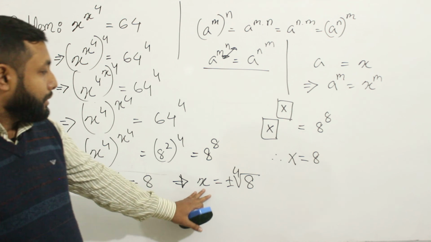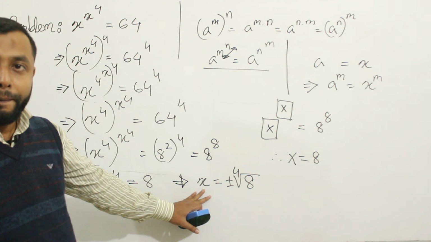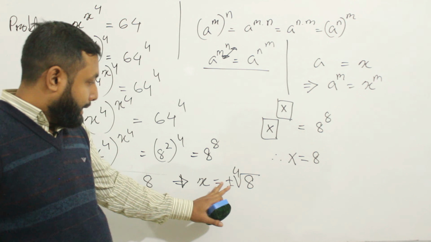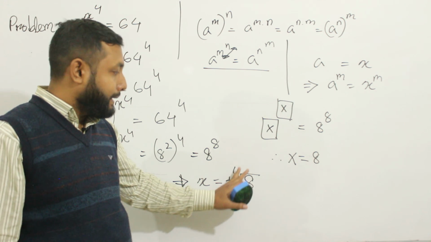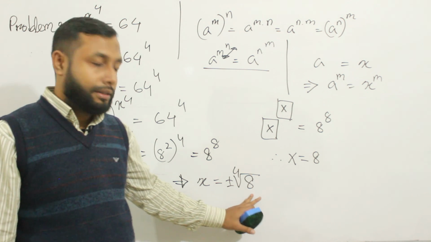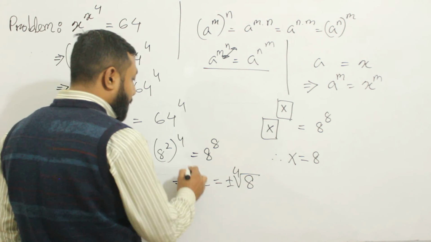So the value of x is equal to plus minus 4th root of 8. So that's our answer.